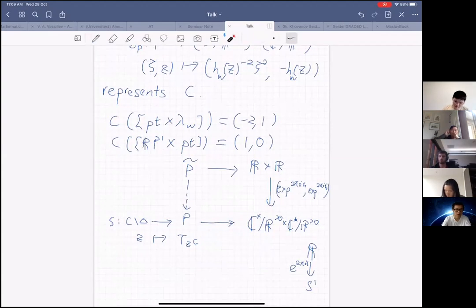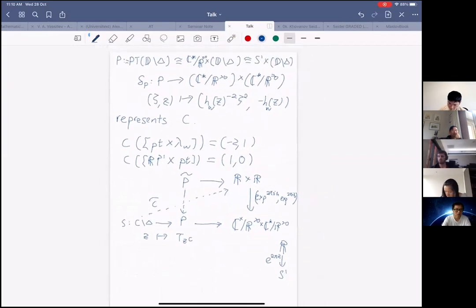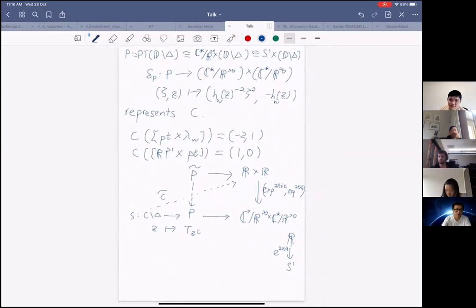Okay, and then the graded curve is here. Any question? So delta P appears here.